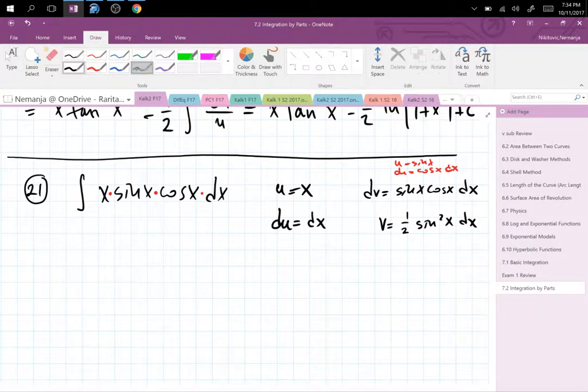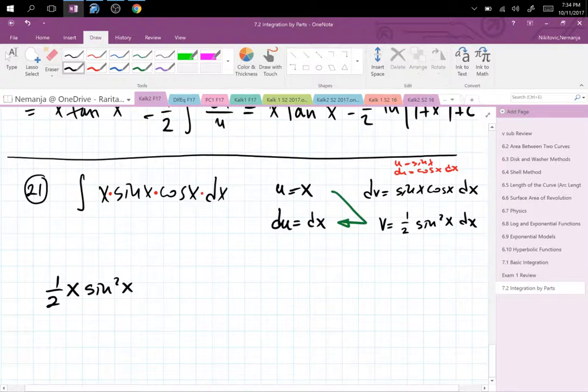And now you use the formula, u times v, so it's 1/2 x sine squared x, there's no dx here, minus 1/2 integral sine squared x dx.